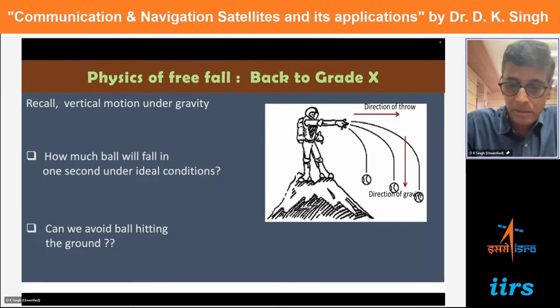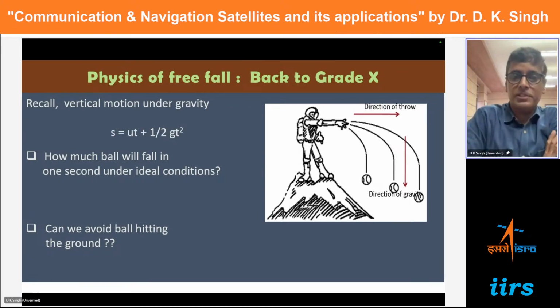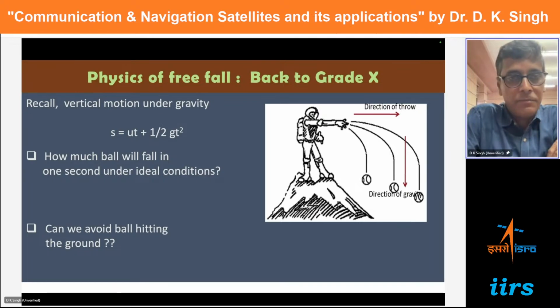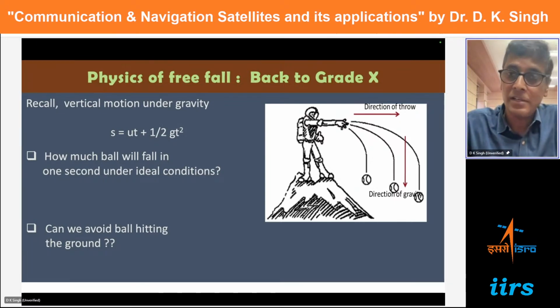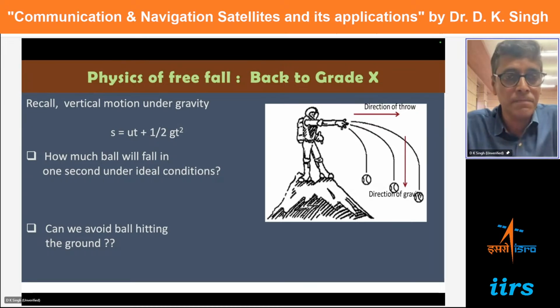You can recall the equation of motion, which is nothing but S equals ut plus half gt squared. If we try to solve it in a very simplified manner and pose a question: how much will a ball fall in 1 second under ideal conditions, if there is no air, nothing else deviating its path?